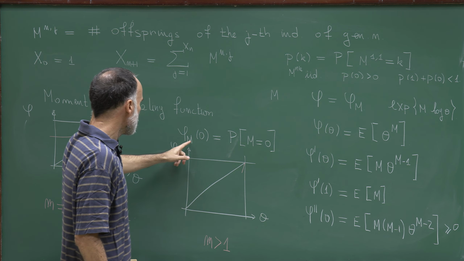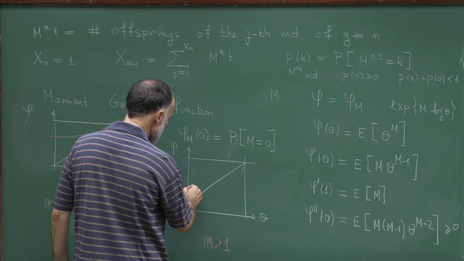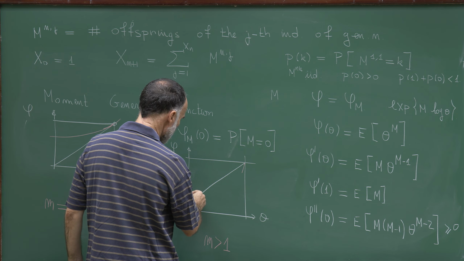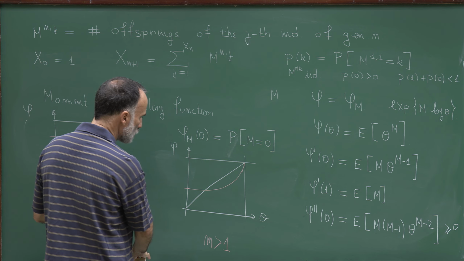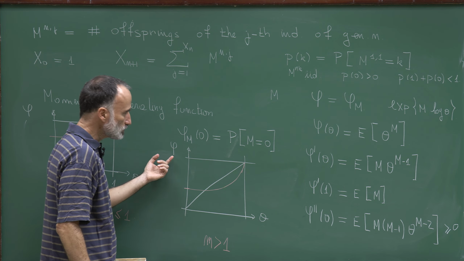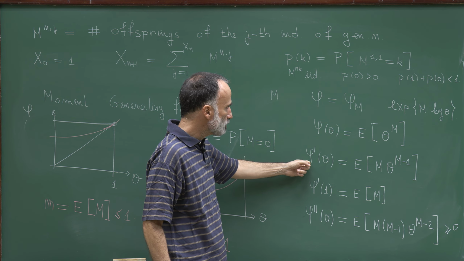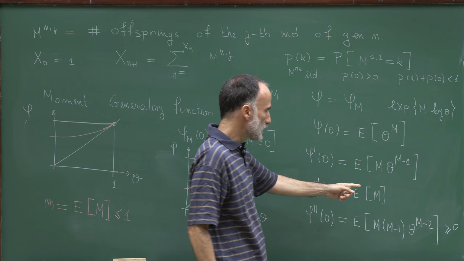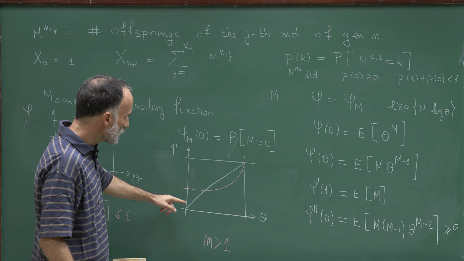And now, well, I leave it to you to prove that the function phi will look like this. My picture is not very good, because remember, phi is an increasing function because its derivative is strictly positive, so it doesn't look really increasing here.